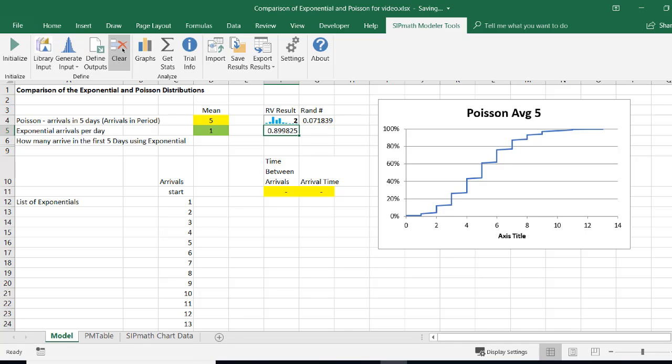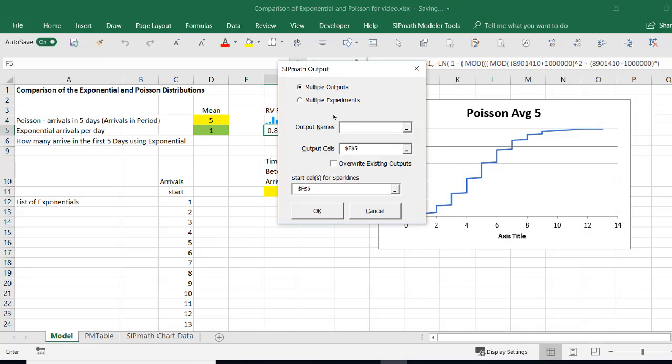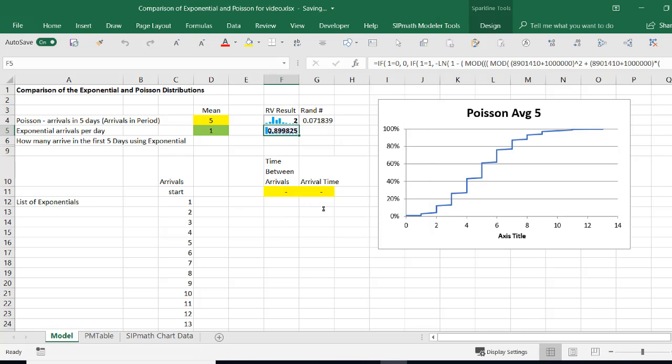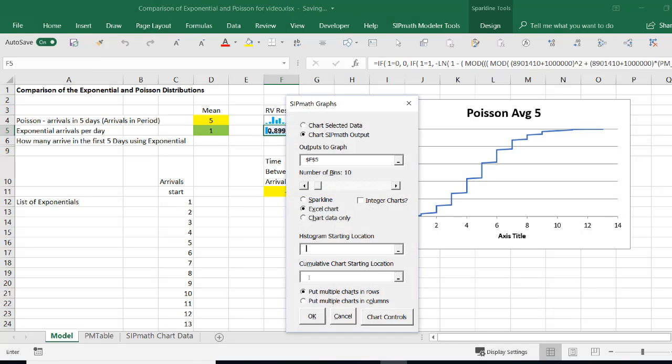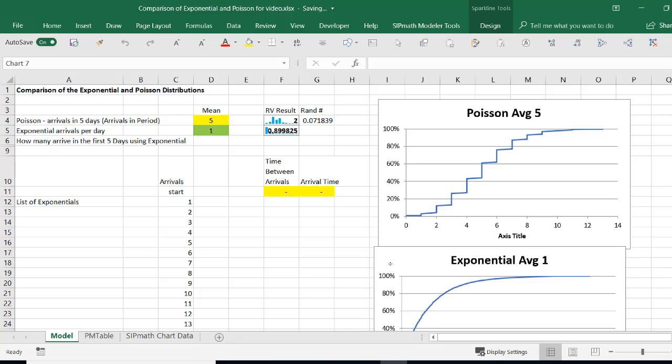Define that as the exponential. And we'll graph that so we get to see what that looks like. Remember, you do not have to graph every variable that's generated. And so that's our exponential.